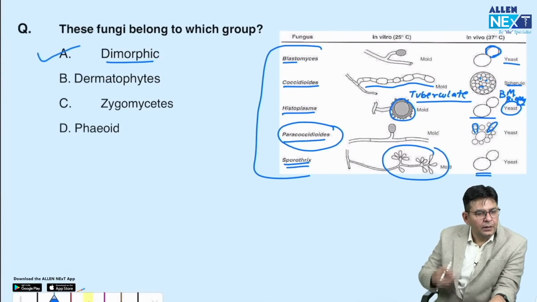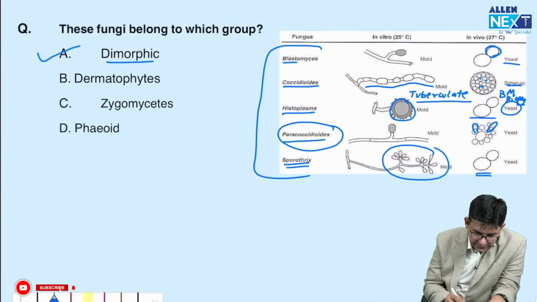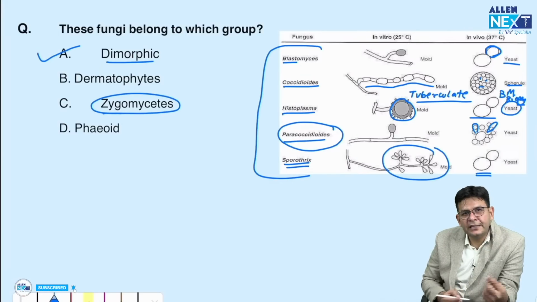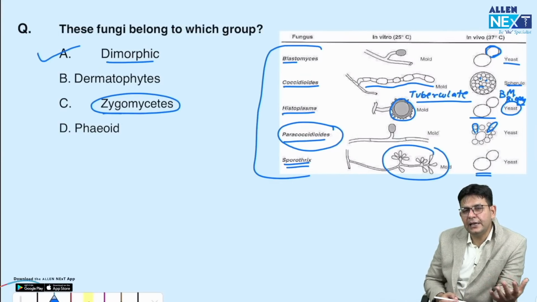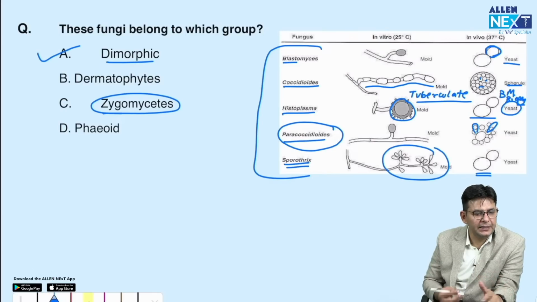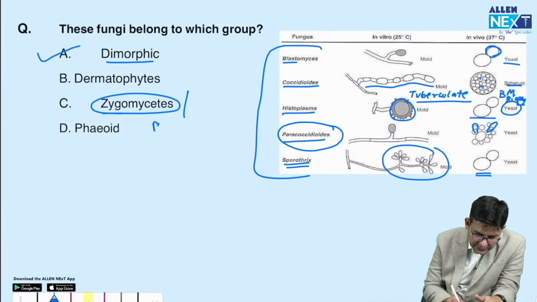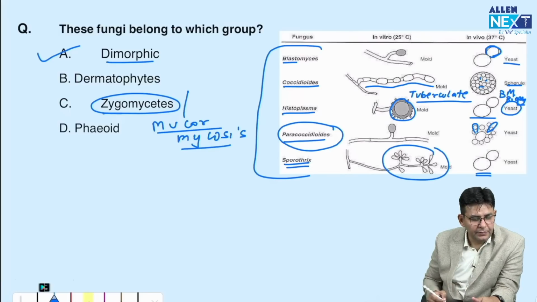Fine. Now, talking about this particular thing, that zygomycetes. What is the other name of zygomycosis? Tell me that. It is also termed as mucormycosis. Okay? Mucormycosis. Yeah, very right, Abdul. It is lymphatic spread. Sporotrichoid pattern is observed in that. Okay?